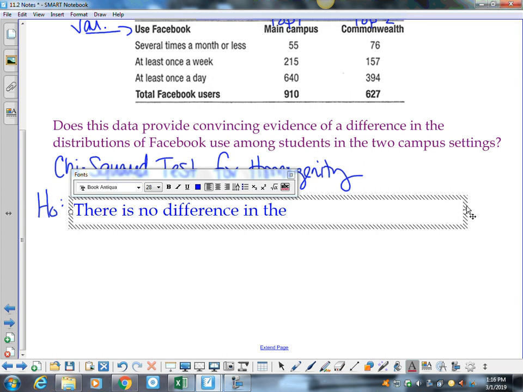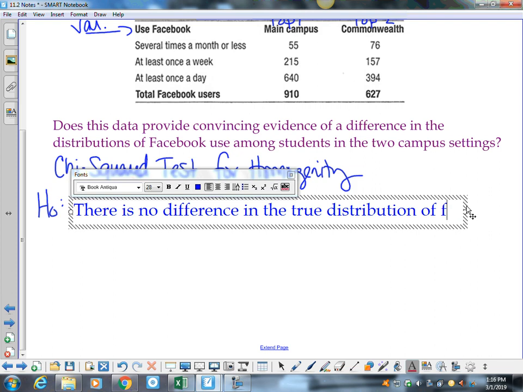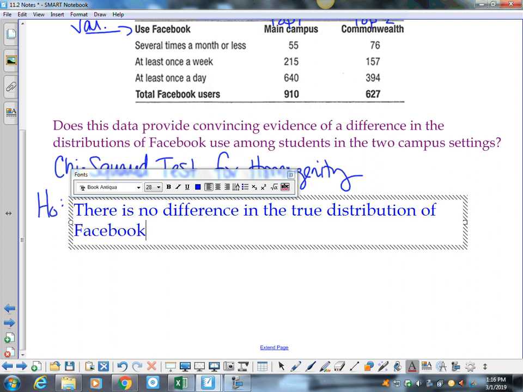I need a word. What's a word that we, thank you. True distribution of Facebook use. Oh, I should capitalize Facebook. Okay.